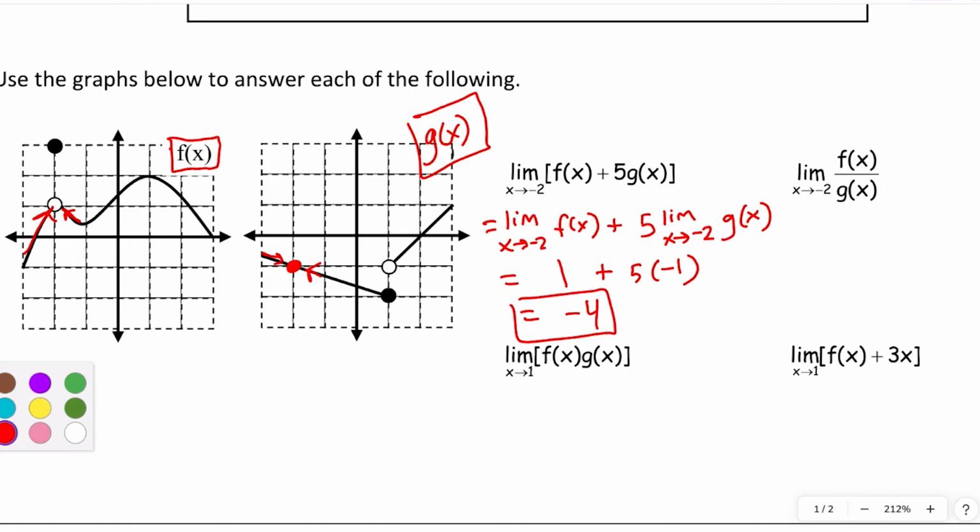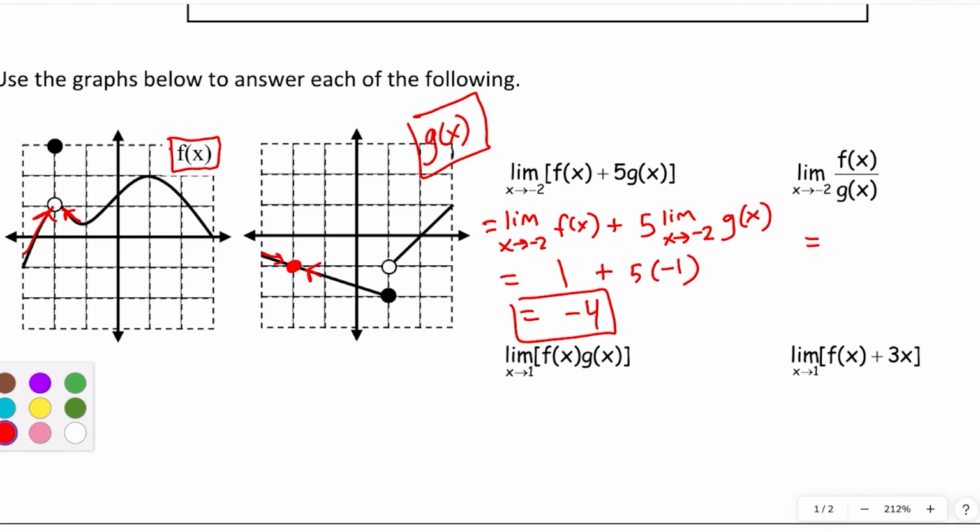So it may be that once you get your head around how you can split up these limits, evaluating these limits can go a little faster, right? Because we already know now what the limit as x approaches negative 2 is for both f and g. So if I want to find the limit as x approaches negative 2 of f divided by g, I can just divide those two limits.